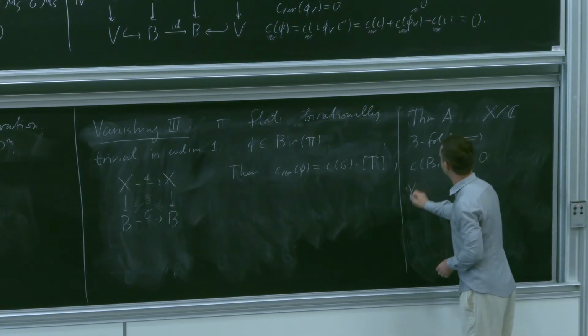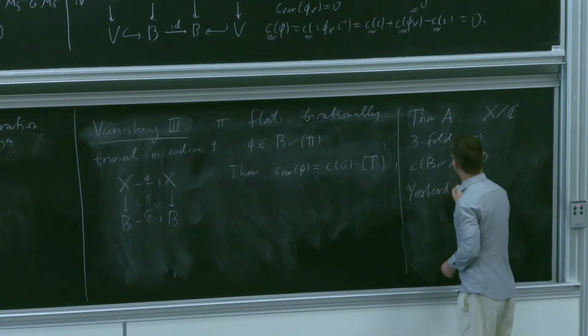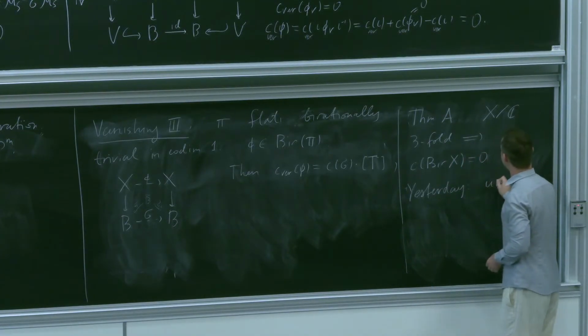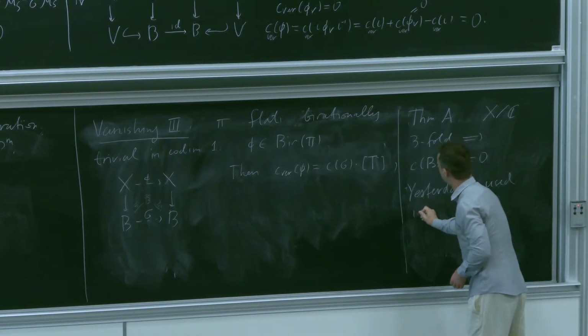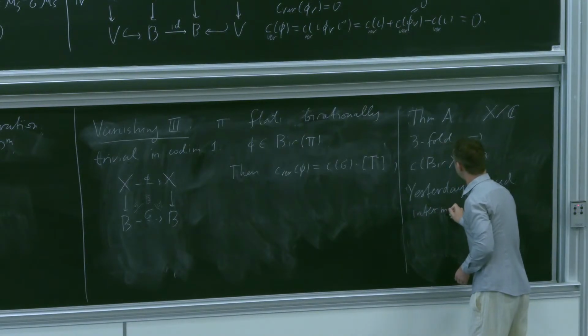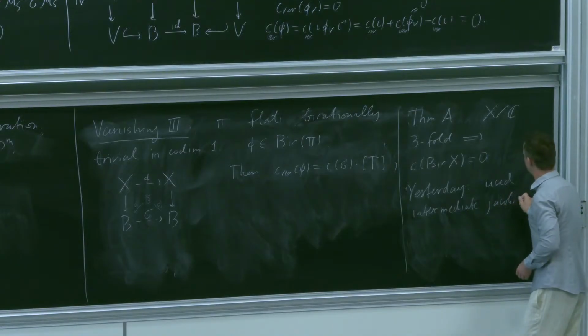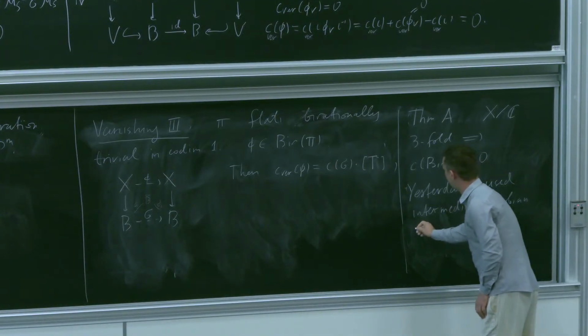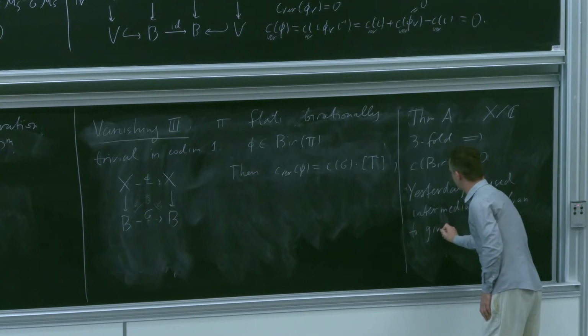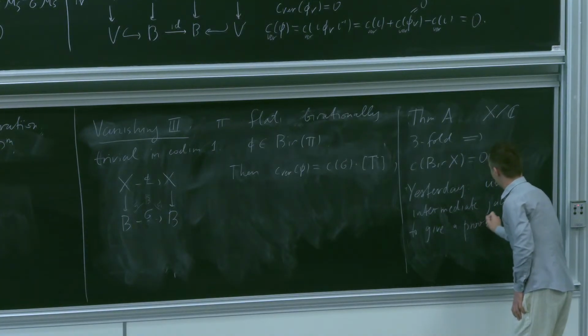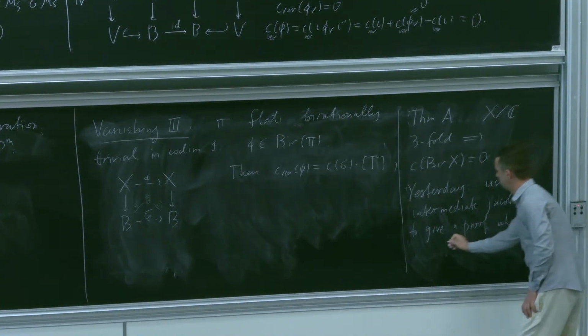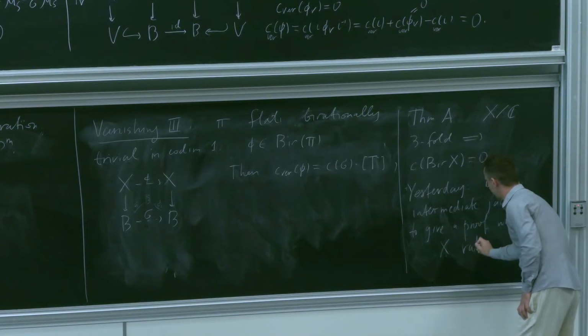So yesterday, we used intermediate Jacobian to give a proof when X is rationally connected.